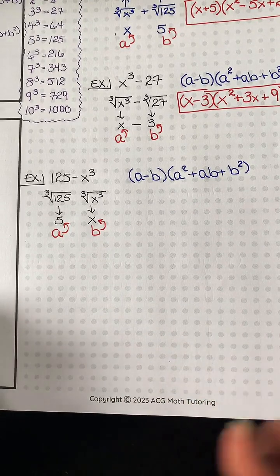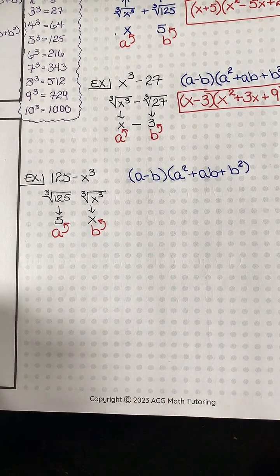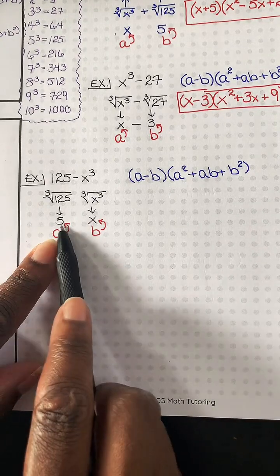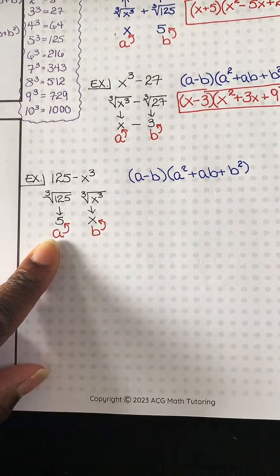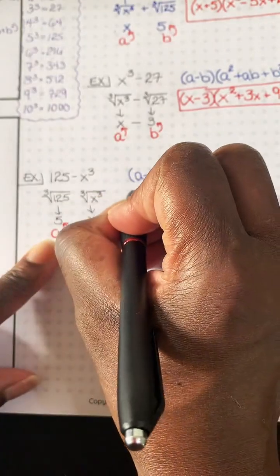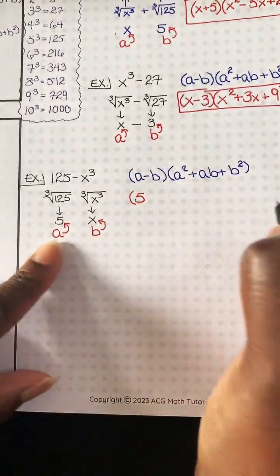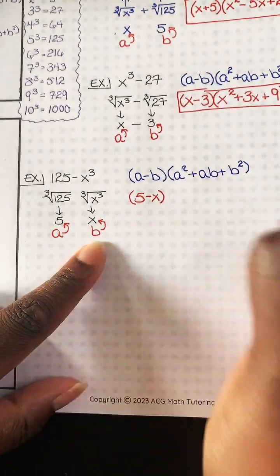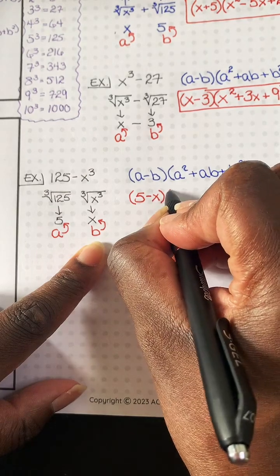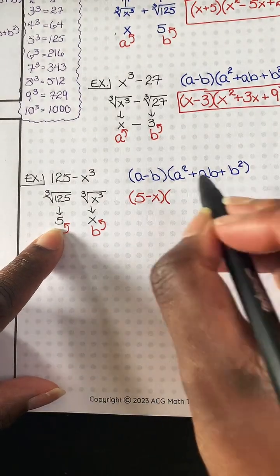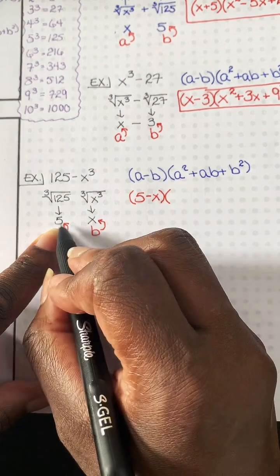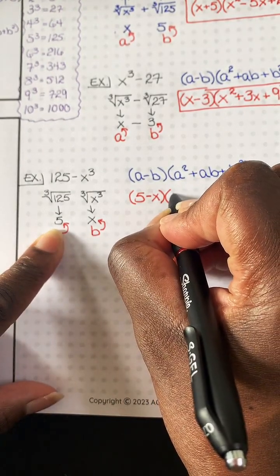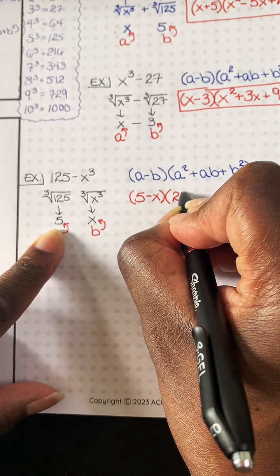Okay, so now all we're doing is just replacing. That's all we're doing. So my A is going to be 5. Where I see my A, I'm going to put a 5. My B is my X, so we got our minus X. Anytime I see an A, I should be thinking of 5s. So A squared is the equivalent of 5 squared, and 5 squared gives me 25.